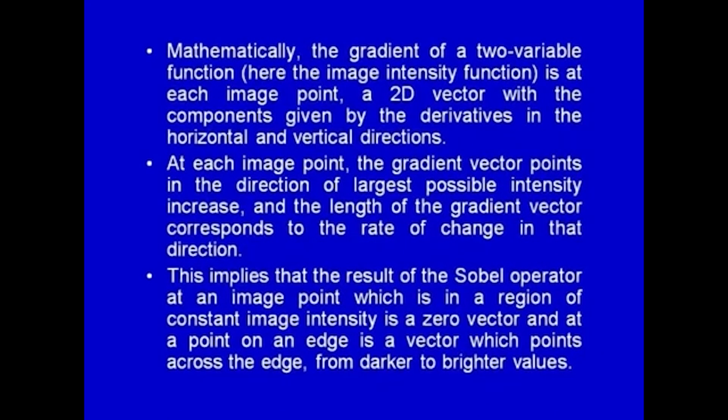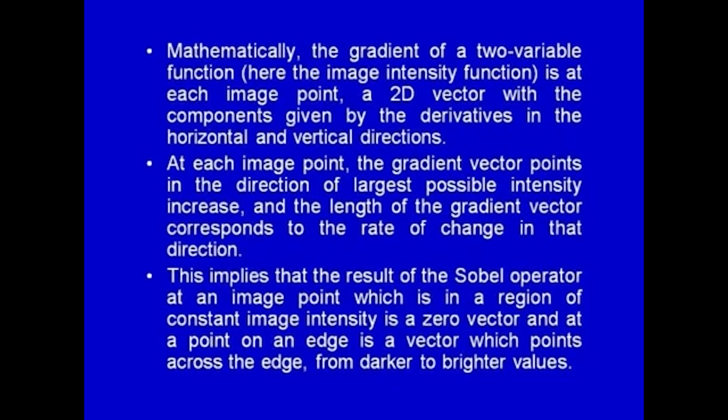Mathematically, the gradient of a two variable function, here the image intensity function, is at each image point a 2D vector with components given by the derivatives in the horizontal and vertical directions. At each image point, the gradient vector points in the direction of the largest possible intensity increase, and the length of the gradient vector corresponds to the rate of change in that direction.